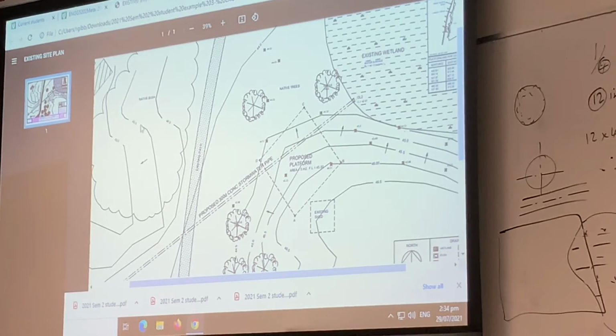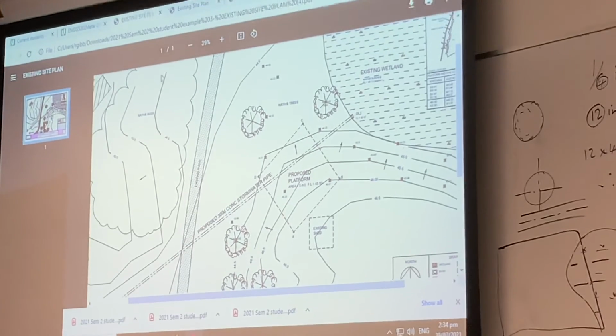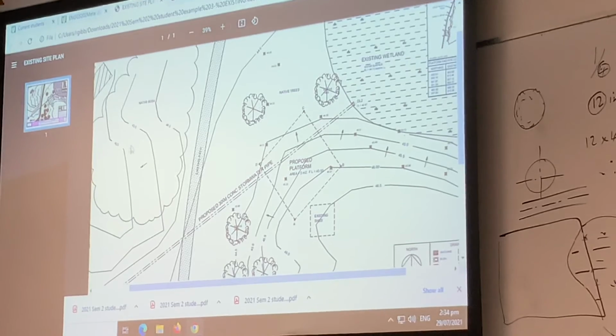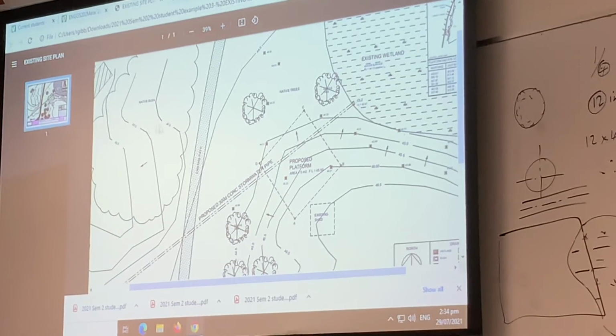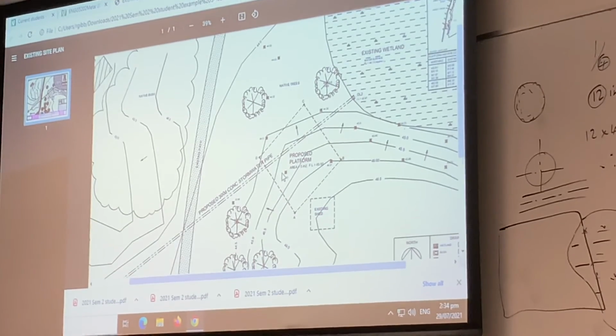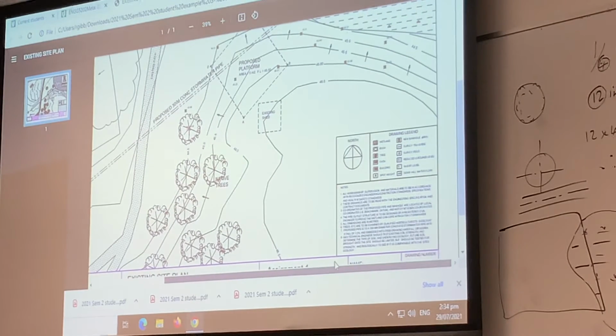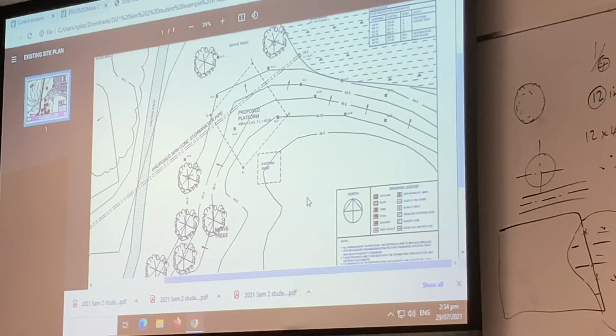They didn't bring the contours into join, which is a real shame because they did a lovely job of the bush, and then they've gone right where the bush is and not joined the contours up properly. They've also shown water flow arrows everywhere, which is an interesting thing. You should be putting water flow arrows on your proposed site plan.